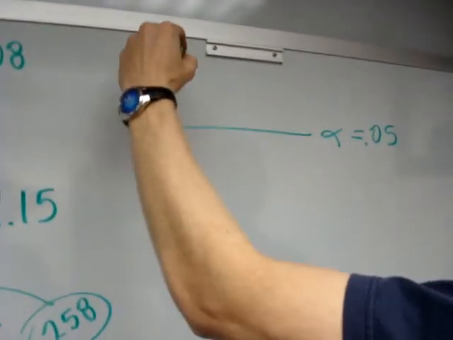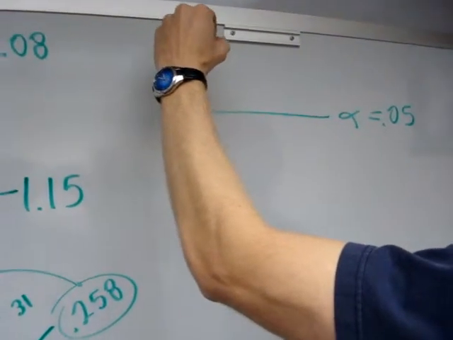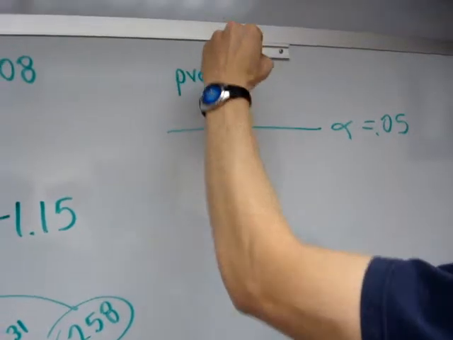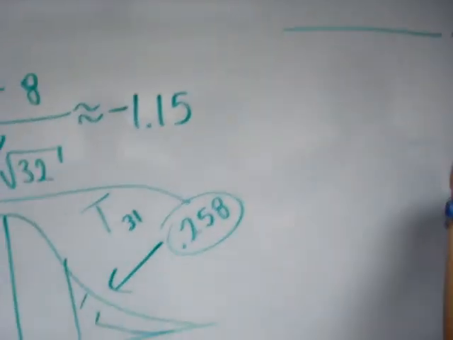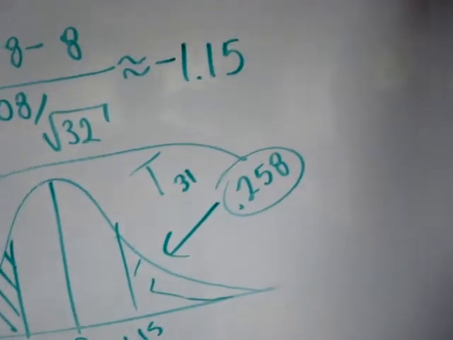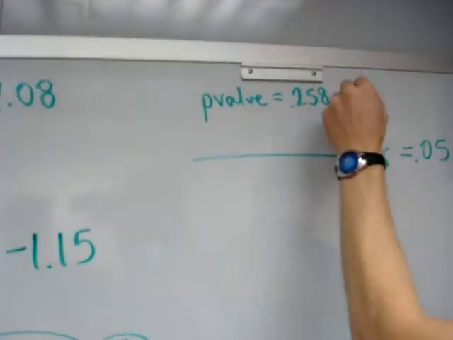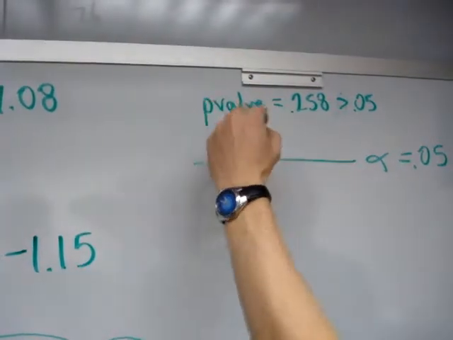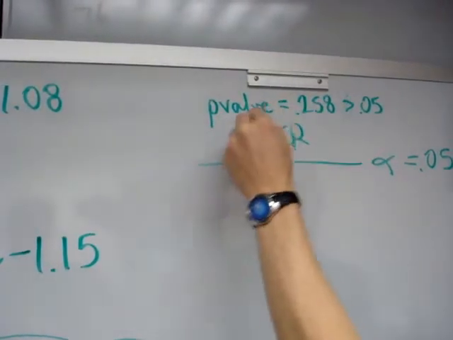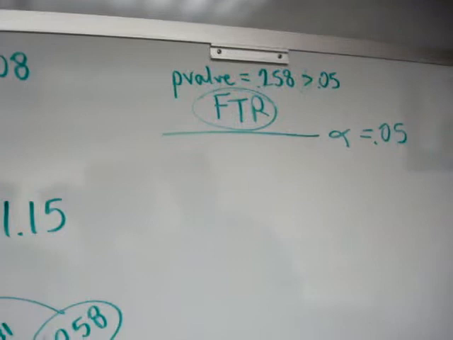Okay, so because our p-value is equal to, let's say it was 0.258, which is greater than 0.05, we fail to reject. So our decision is going to be fail to reject.